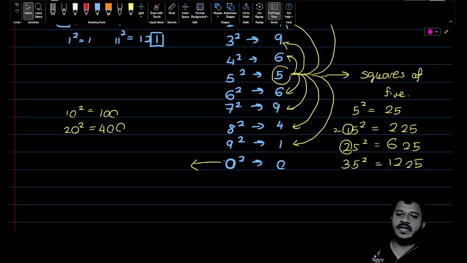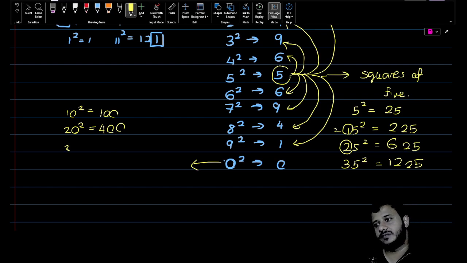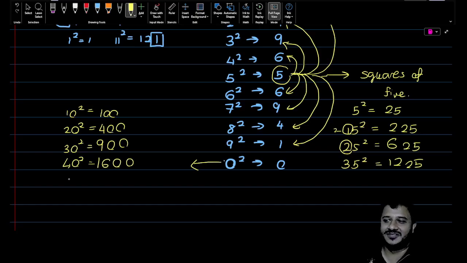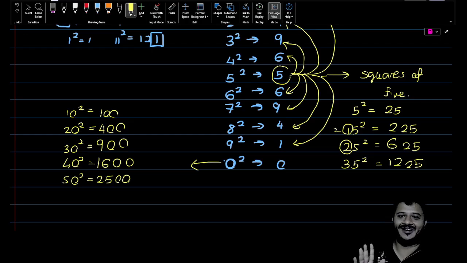Then 30 square, now 3 square is a 9, with a double zero. 40 square, 4 square is a 16, with a double zero. 50 square, 5 square is a 25, with a double zero. Do you understand it? All good?